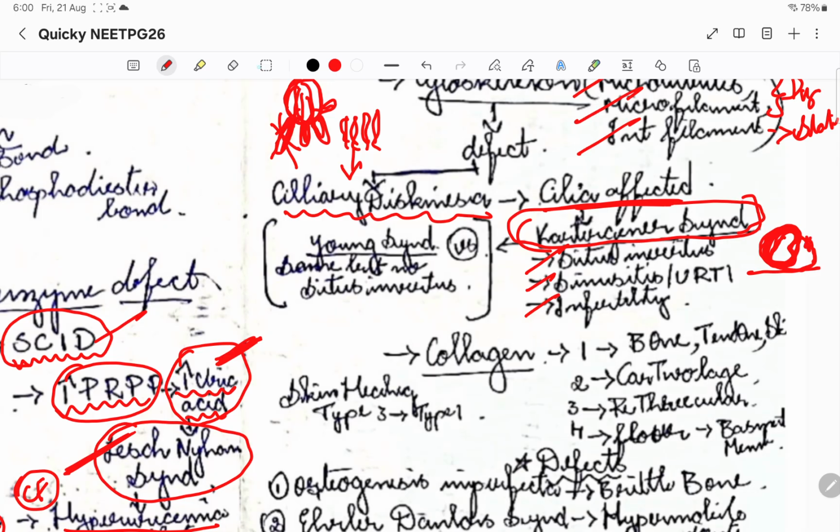So situs inversus is one of the major pathognomonic features of Kartagener syndrome.